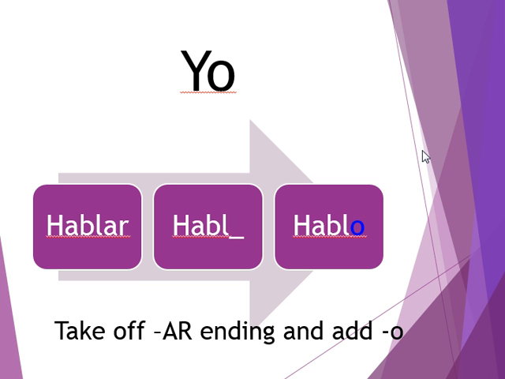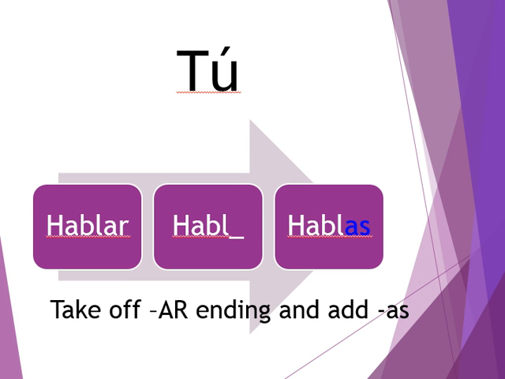So if I want to say that I speak, I would say yo hablo. Next we have the tú form. Again, I'm going to take off the AR from my verb hablar, and then since it's the tú form, I'm going to add AS. Now I have tú hablas, which means you speak.